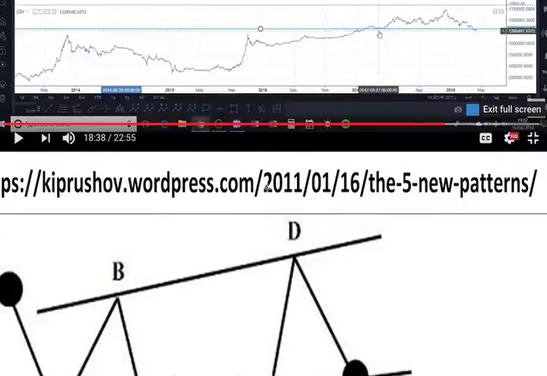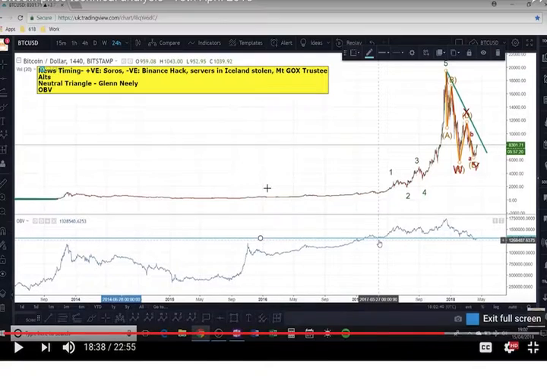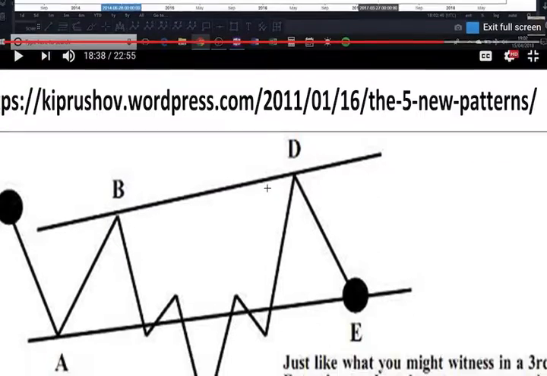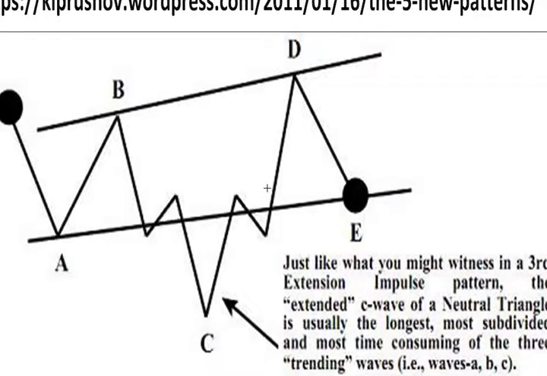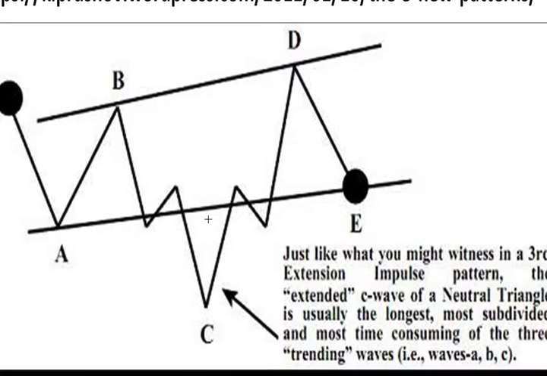He also presents a very interesting point, saying that in the classic Elliott wave book people use, we have a neutral triangle, which is not known very well, where actually Bitcoin could have already done its correction.